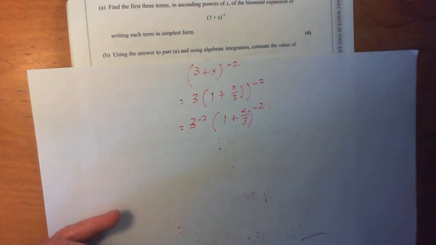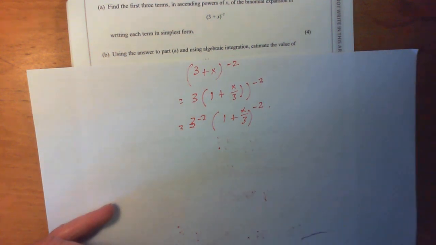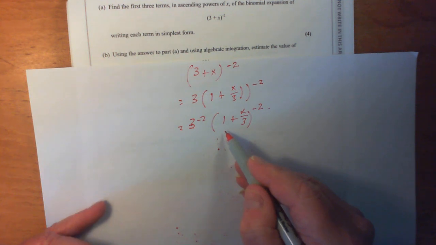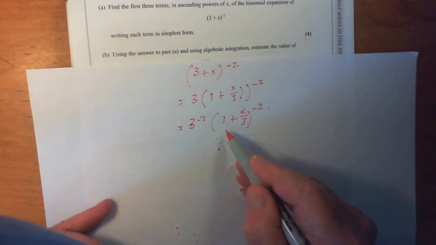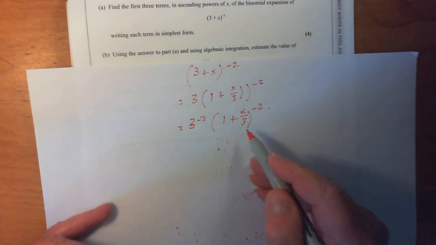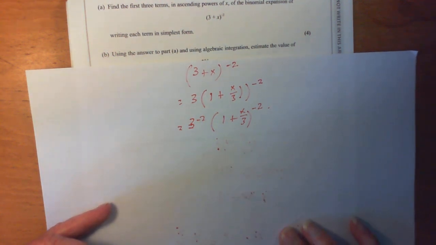So that's what we've got. Again, 3 to the minus 2 is 1 over 9 if you wanted to. But we're going to expand that now. So the first number is a 1, and this will have a magnitude of less than 1, so we can then expand that in the normal way.